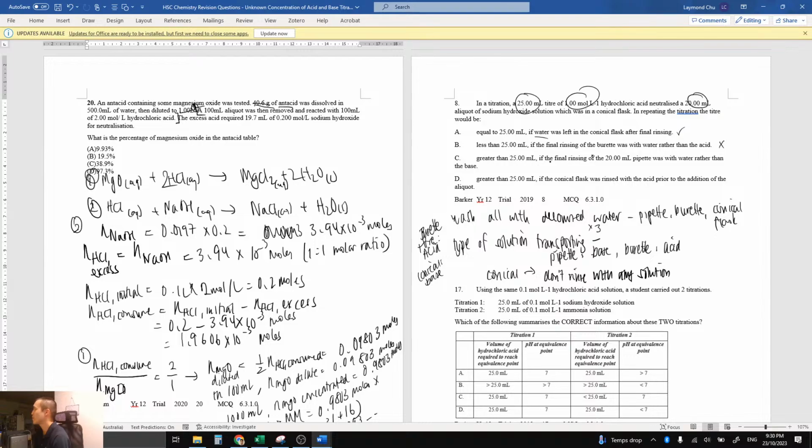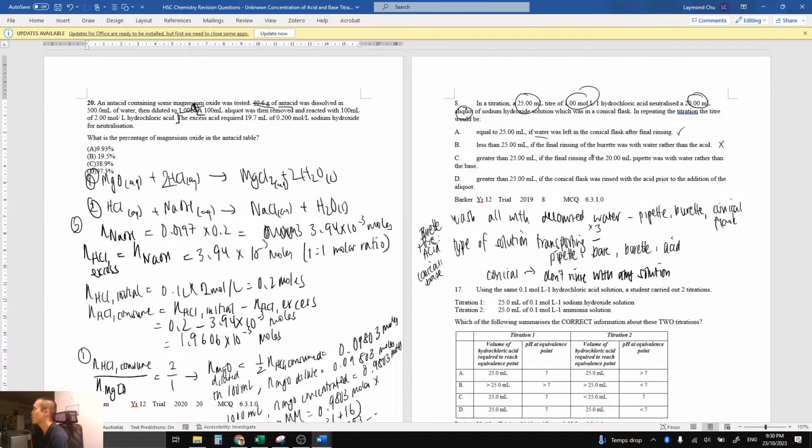Greater than 25 mils if the final rinsing of the 20 ml pipette was with water rather than the base. In this particular situation, I should have written this down. They're saying 25 ml titer of a 1 mole per liter hydrochloric acid neutralized a 20 ml aliquot.